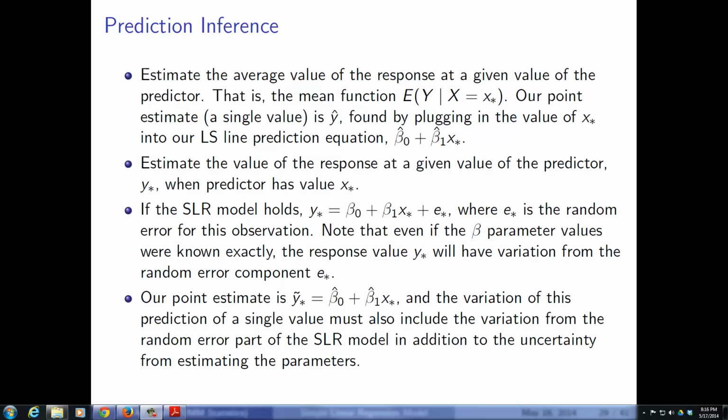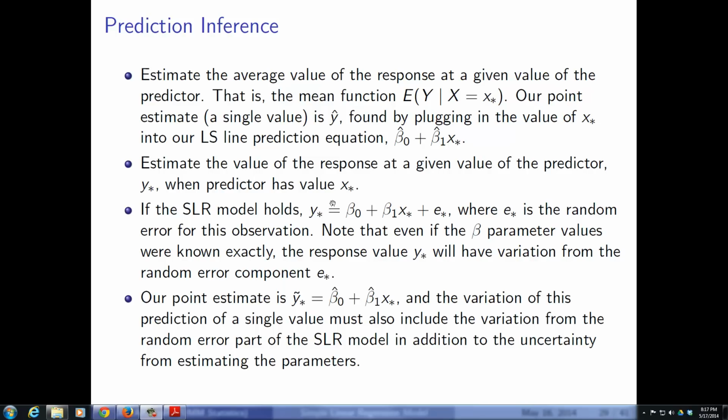What do we think the average value of y is going to be at a particular value x star? Another possibility, in the second bullet, might be that we really don't care exactly about what the mean value of y will be, but rather what's an actual value of y going to be when the value of the predictor is going to be x star.